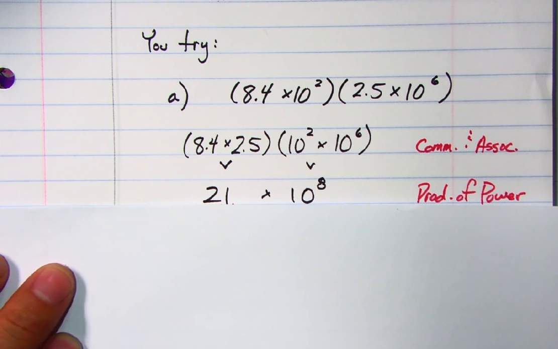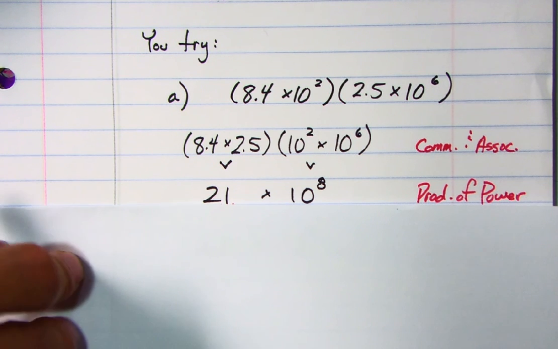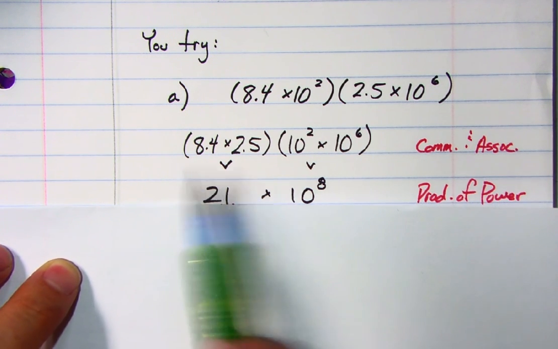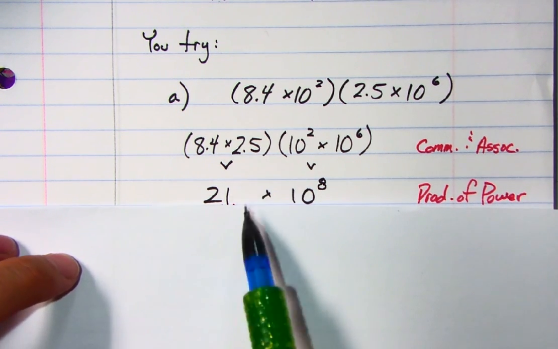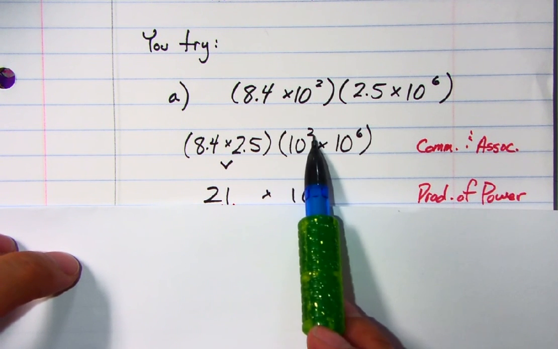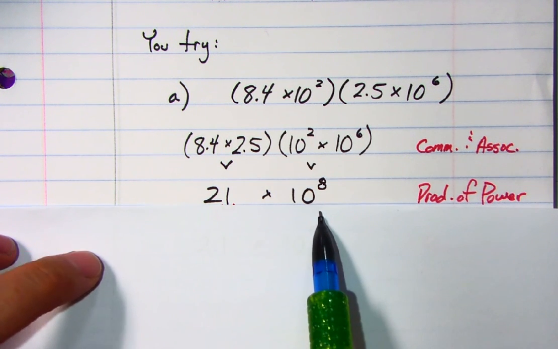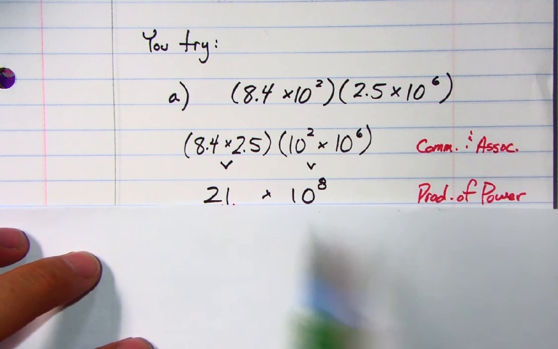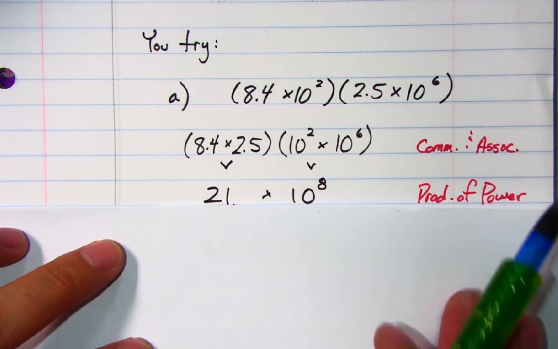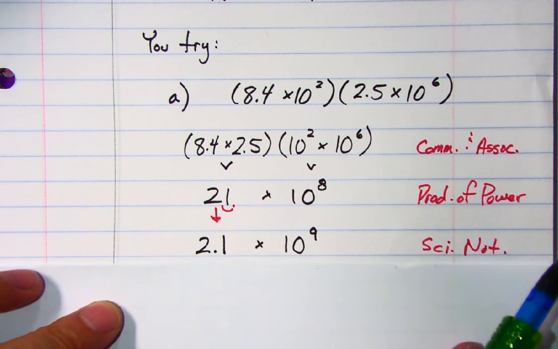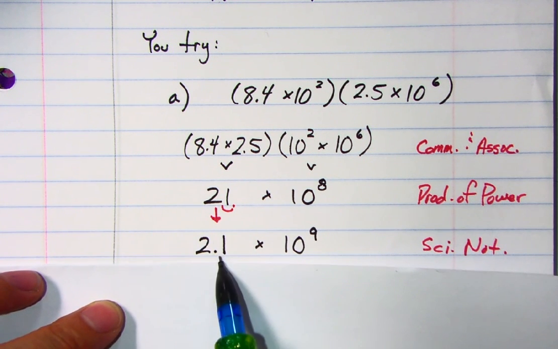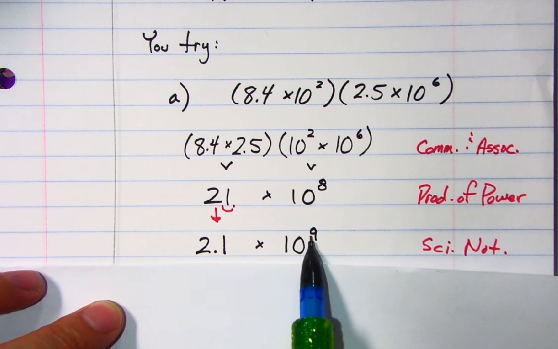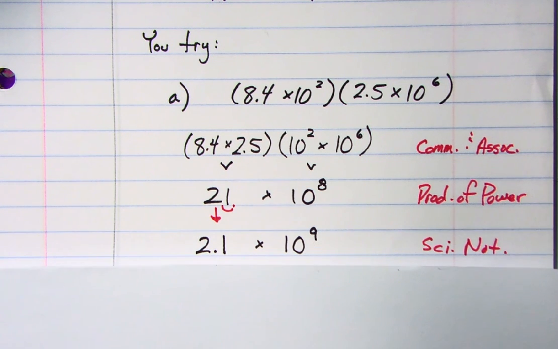I got 21 for the first factored product. Product of the factors, I should say. And then over here, 10 to the power 2 and 10 to the power 6 gives us 10 to the power 8. That's using the product of powers property. Well, I notice again this is not in scientific notation yet. I need to move it over one time. So since I moved it over once, that power of 10 is added to there. And there you go. There's your answer.